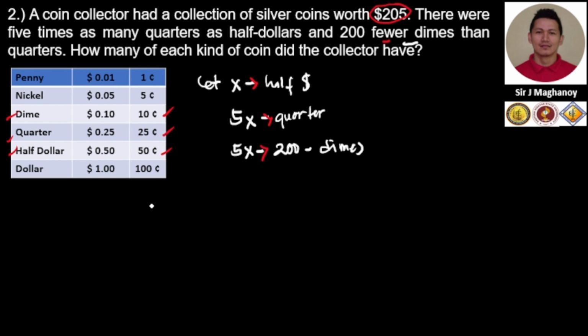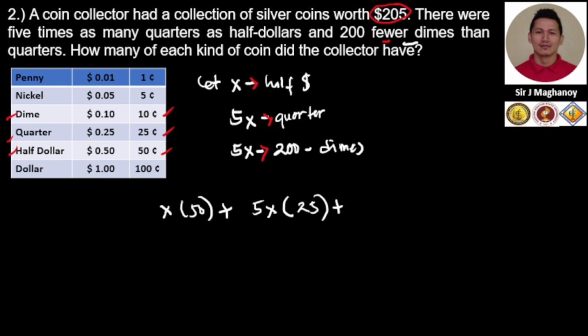So let's formulate our equation. Our x is our half dollar. What is the multiplier for our half dollar? That is 50. Plus quarter, 5x. What is the multiplier for a quarter? That is 25 cents. Plus, how about the other one?